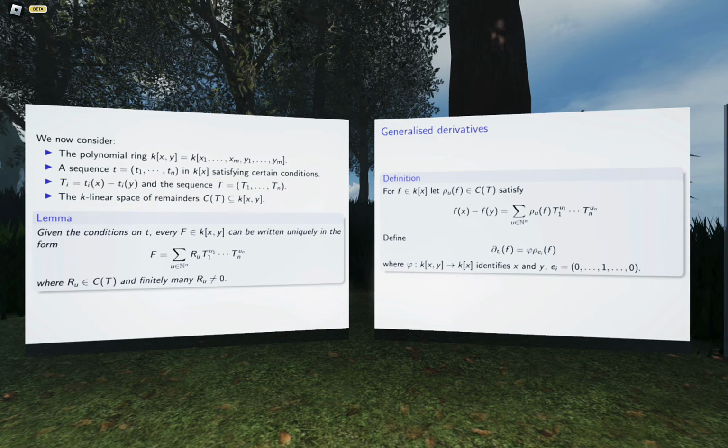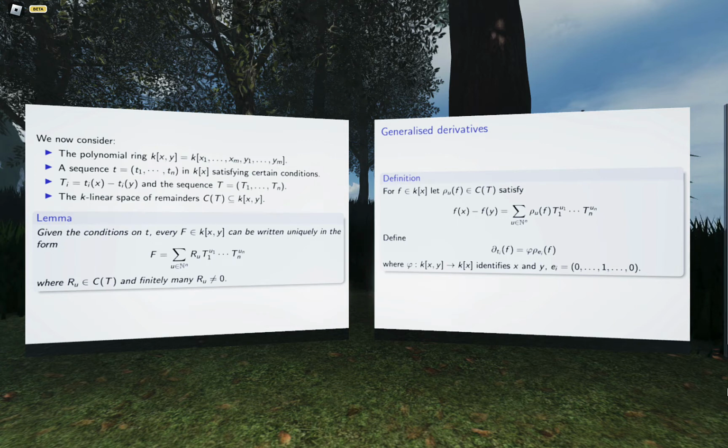And we're going to fix a sequence t in K[x], which satisfies certain conditions. And these are going to be the polynomials which we are going to be differentiating with respect to. Given this sequence t, we're going to look at the sequence of differences of these polynomials: ti as a polynomial in x, subtracted from ti as a polynomial in y, and then we're going to look at the sequence of these differences.